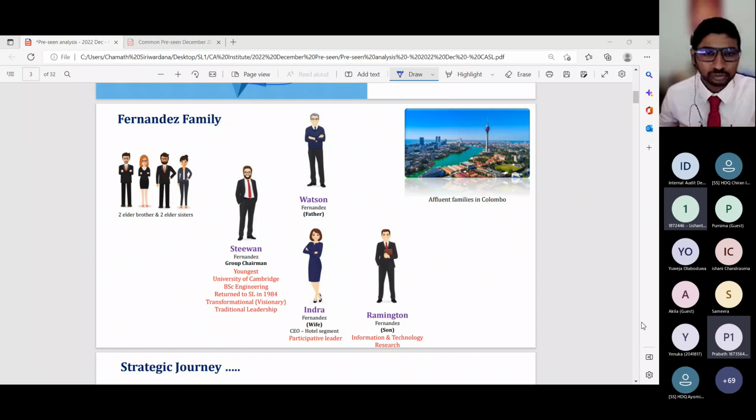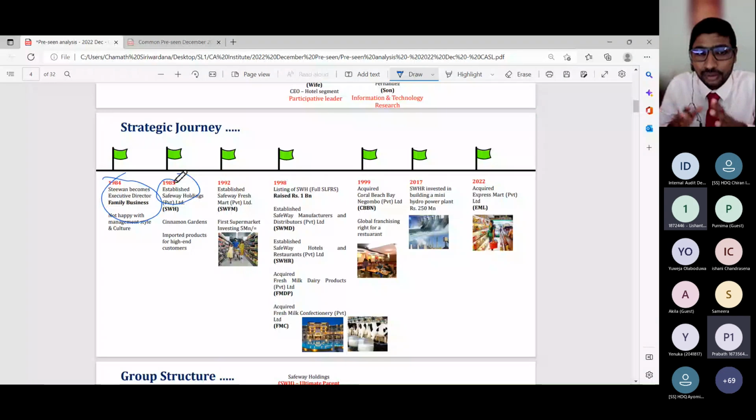The strategic journey, basically, they have come across starting from 1984. In 1985, they established SW Holdings Private Limited. Initially it was a private limited company, and 1998 was the year they converted this private limited into a public PLC.